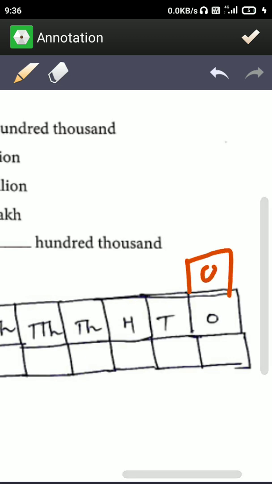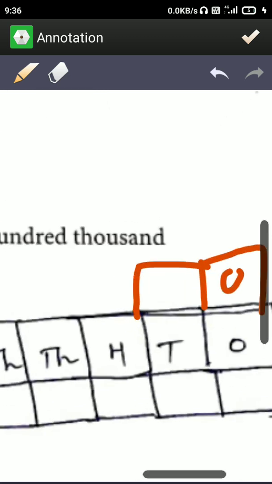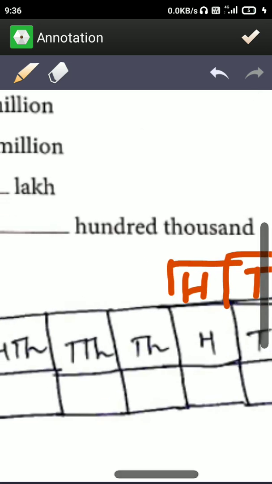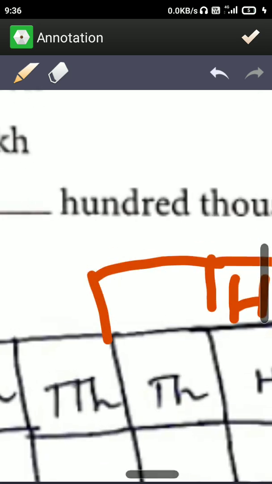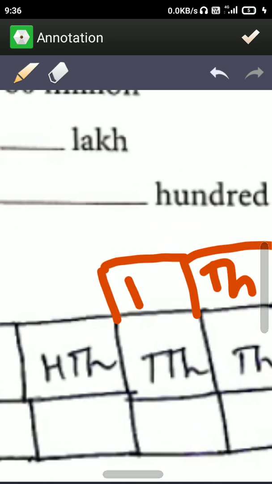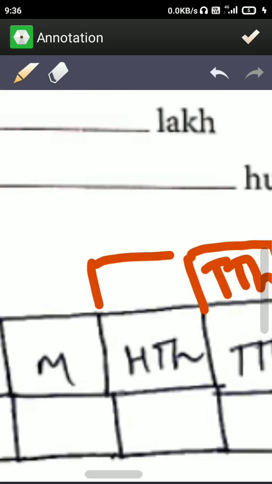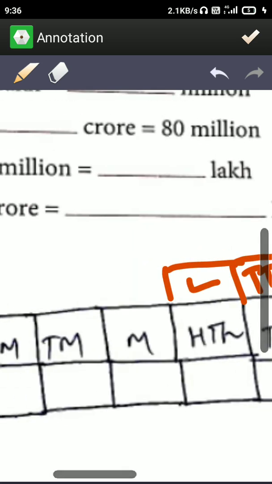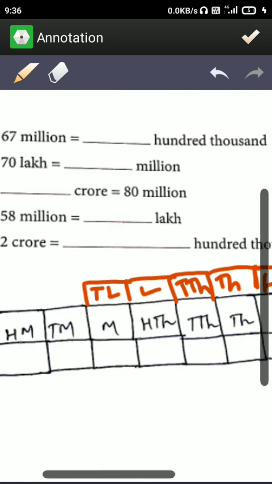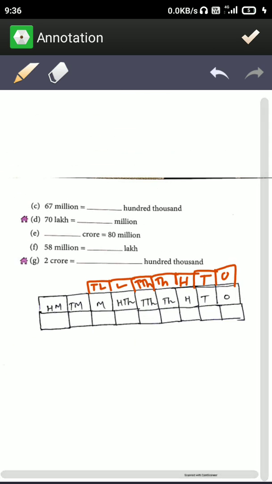It is ones, then tens, then hundreds, then 1,000, then 10,000, then lakh, then 10 lakh.